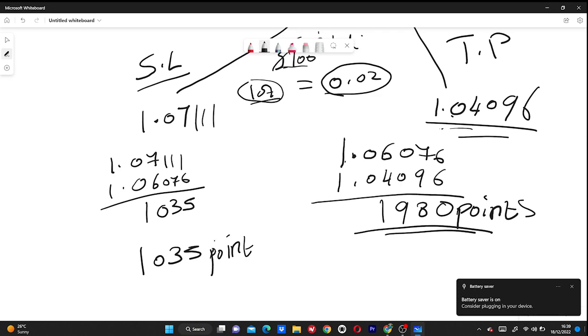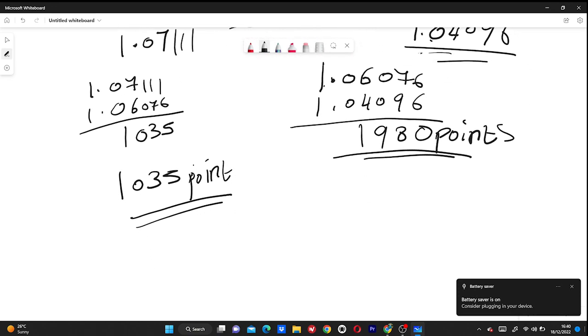So let's calculate to see how much profit we can make and how much loss. Remember, our lot size will be 0.02. So how much loss can we make if the market goes against us? Our loss here, remember this is where we placed our stop loss, will be 1035 points.